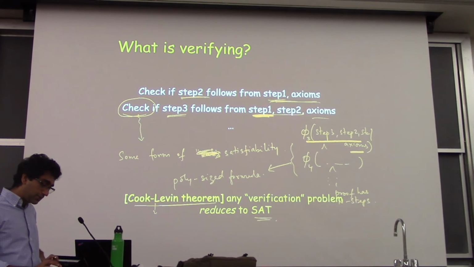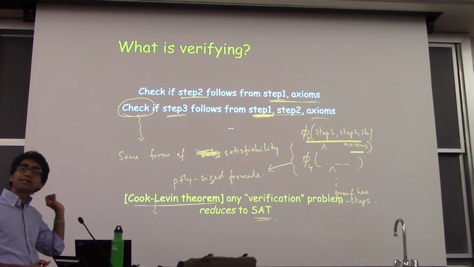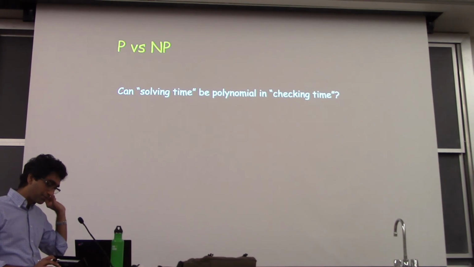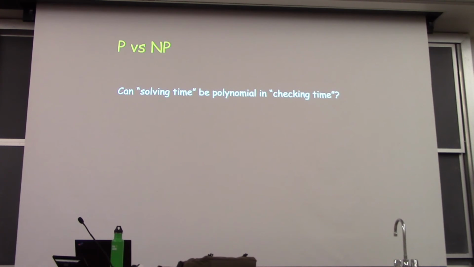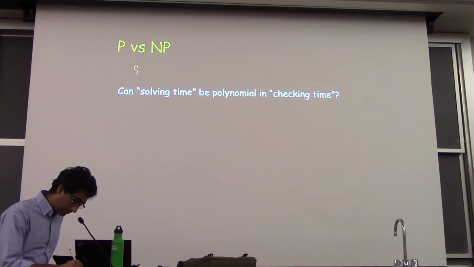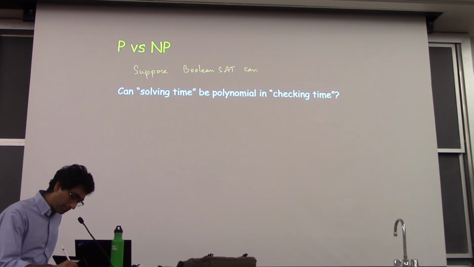So this hints at why satisfiability is important. Because what this is saying is, suppose Boolean SAT can be solved in polynomial time.